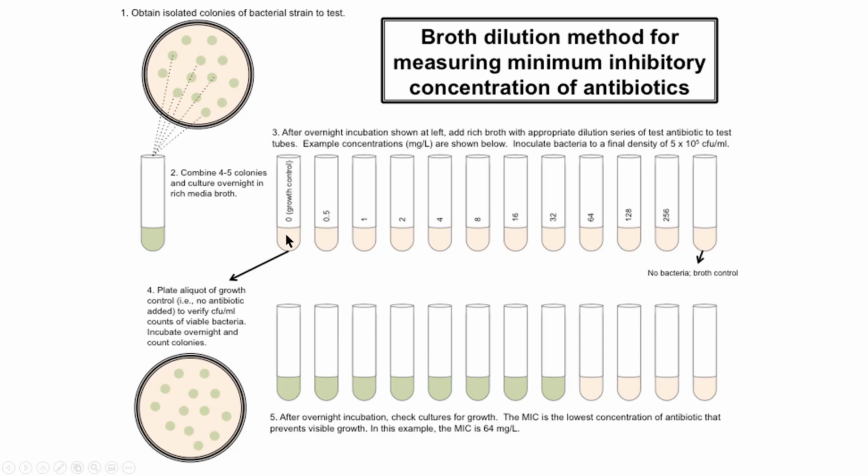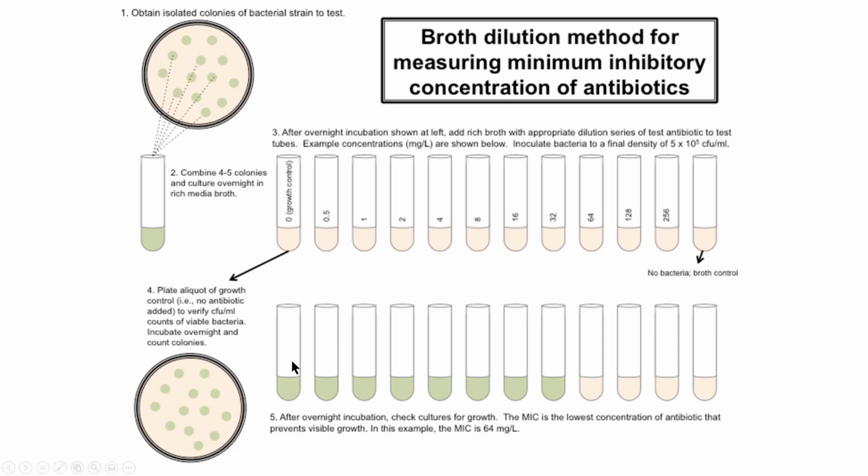Essentially one of them will not have any antibiotics, so the concentration would be 0, and then we double the concentration in each test tube, and then we inoculate these test tubes with the organism that we are trying to test, and we let it grow.